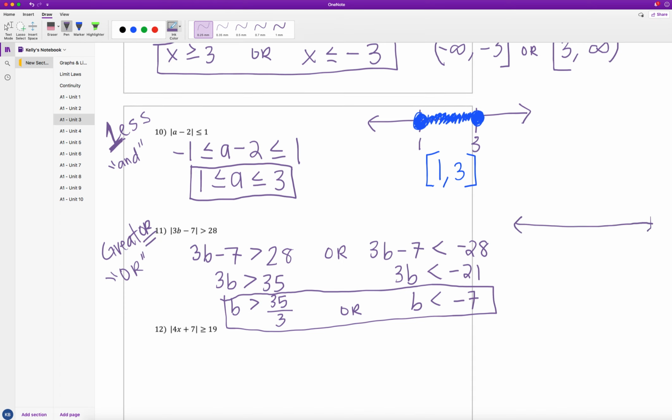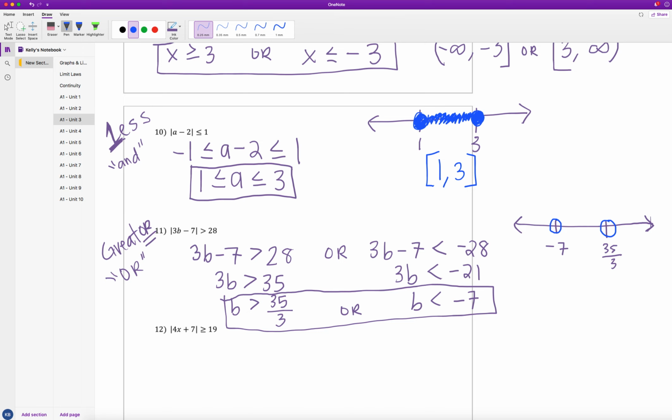Hopefully I can fit the graph all the way over here. I need -7 and 35/3 on it. So -7 definitely needs to be on the left because it's the negative number, and then 35/3 would be on the right side since it's positive. On both of these there will be open circles since I have no equals to bar. And let's take the first one.